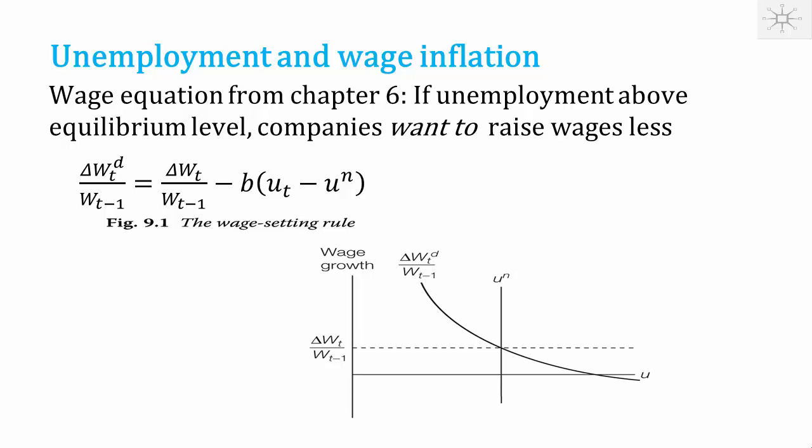But if unemployment is above the natural level, then each individual firm wants to raise its wage less. So this is an equation about how firms want to set their wages if they can set them freely, and it's illustrated here in the graph.